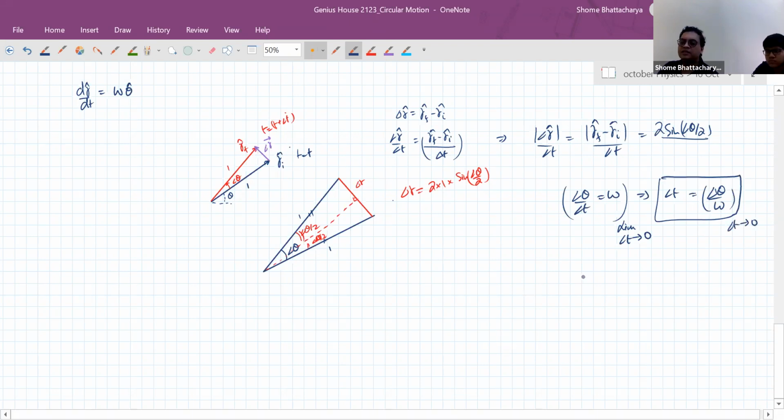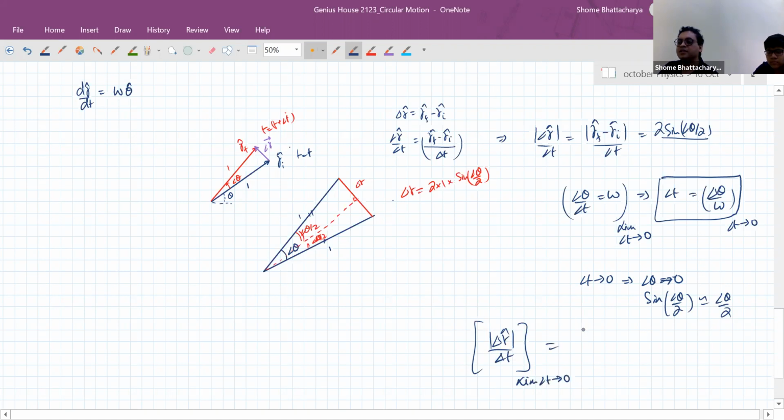Now in the condition that delta t is tending to 0, it also means that delta theta is tending to 0. So sine of some angle, it becomes a small angle. Sine of delta theta by 2 can be approximated as delta theta by 2. So now see what delta r cap divided by delta t is becoming, applying the limit that delta t is tending to 0.